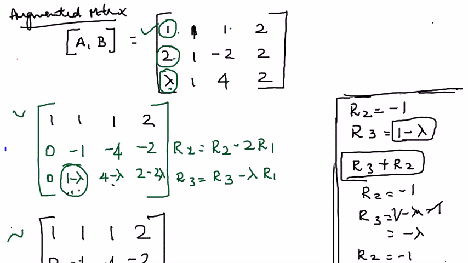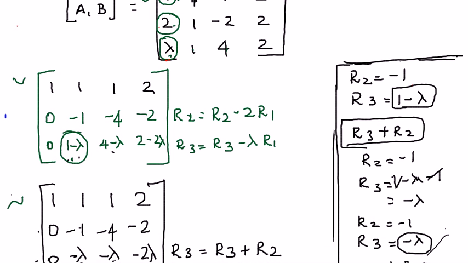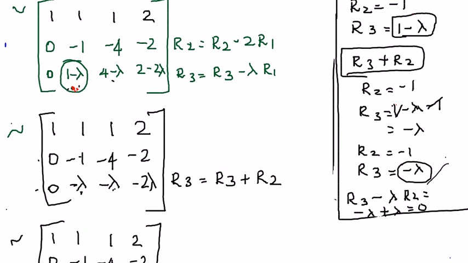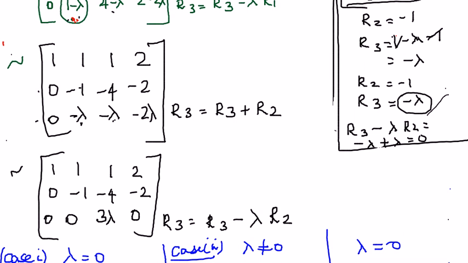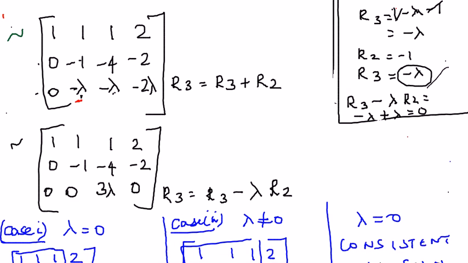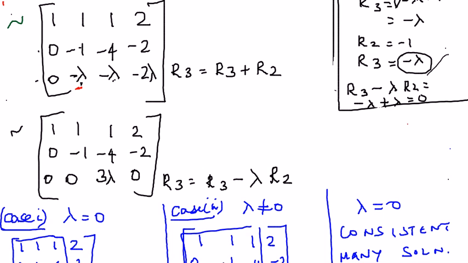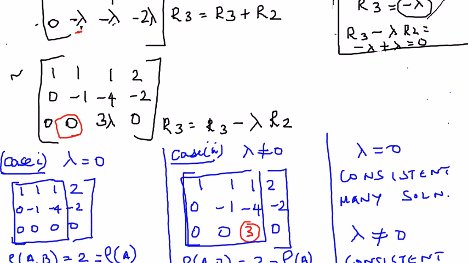Row 2 we could easily make a 0. For this lambda here, we try to make this a 0, and then to remove this element here, 1 minus lambda, we followed a two-step approach. First we added it with R3 to get rid of the 1, so we only got minus lambda here, and then we subtracted lambda times R2 to make this a 0. So in the process we got a 3 lambda here.